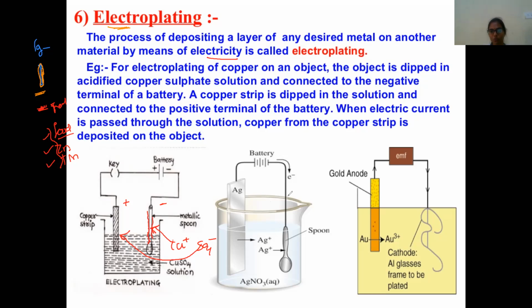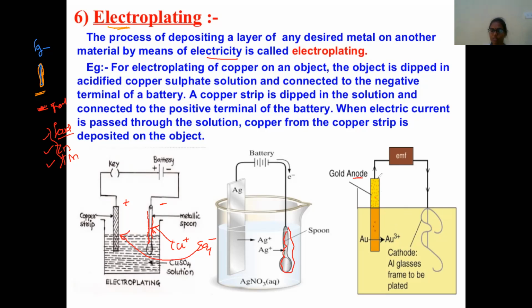Similarly, if we want silver spoons, we take silver here, and here one steel spoon made up of iron. After deposition, aluminum is deposited here, from aluminum nitrate. And here we also took gold sulfate solution. The gold rod acts as an anode.